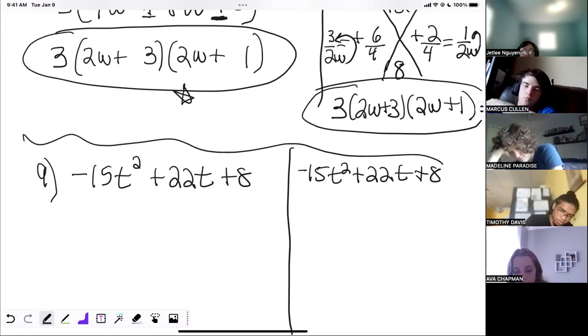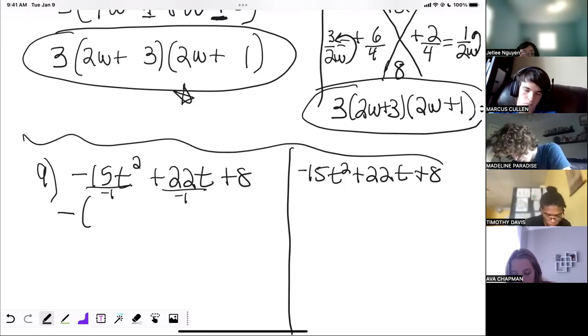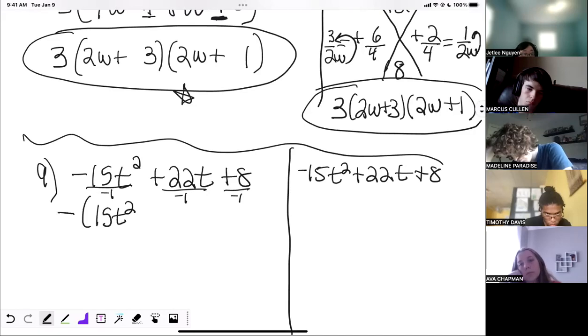I cannot have that negative in the front. Can I divide by anything else? No. So I have to factor out that negative first. So it means I'm dividing everything by -1. All right, so I get positive 15t squared minus 22t minus 8.